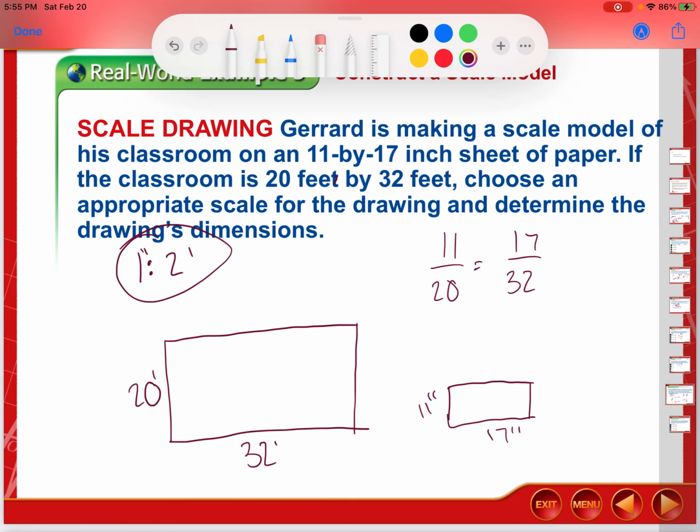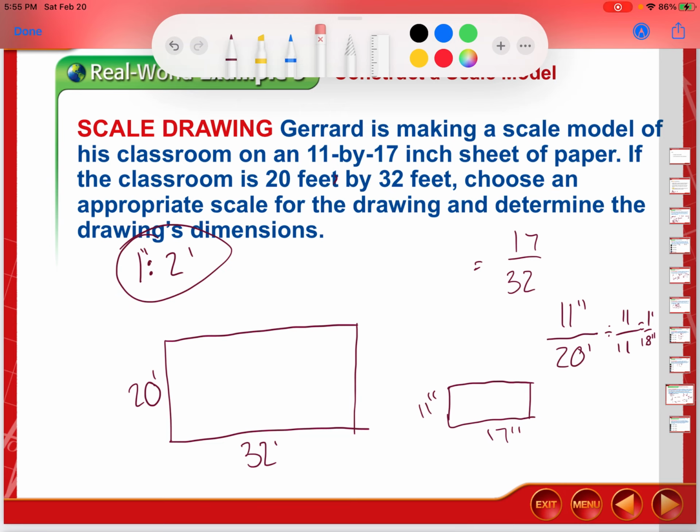But in light of them not being perfectly proportional, you could make one side perfect. And how you would do that is you would say, okay, 11 inches is 20 feet. So let's divide that by 11. So now we have 1 inch is 20 divided by 11, 1.8 feet.